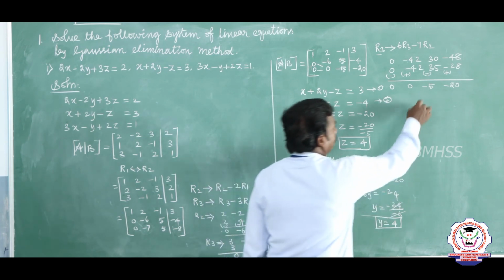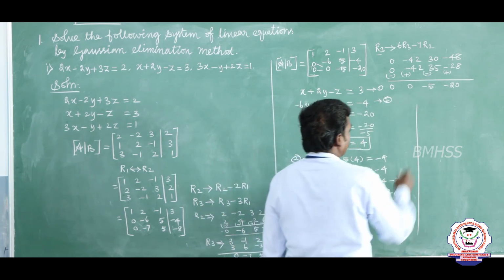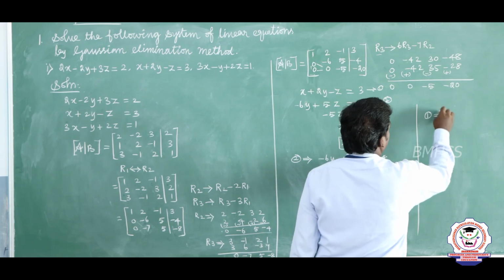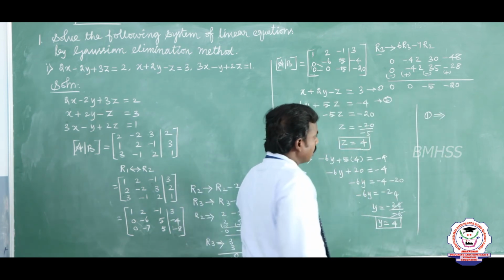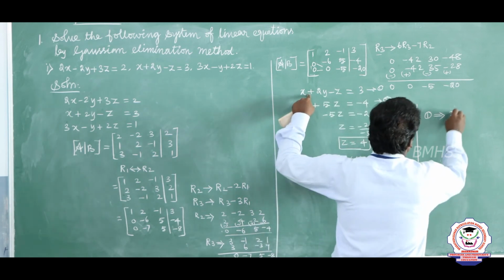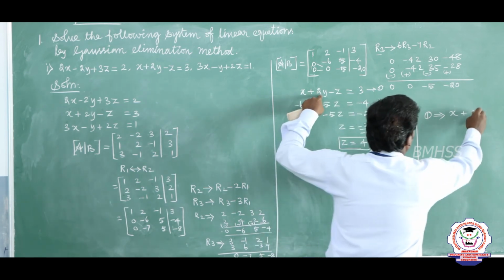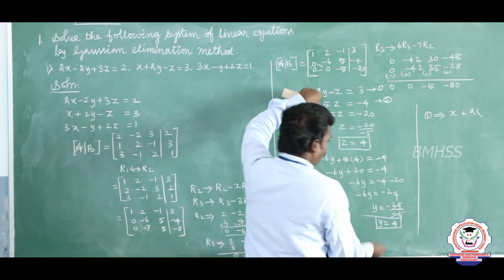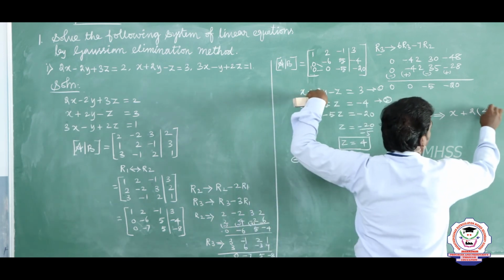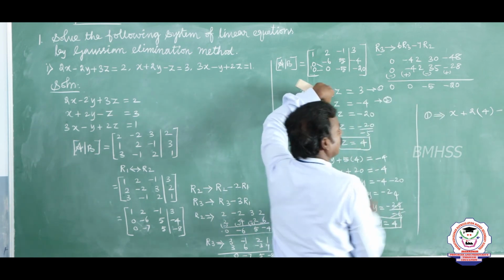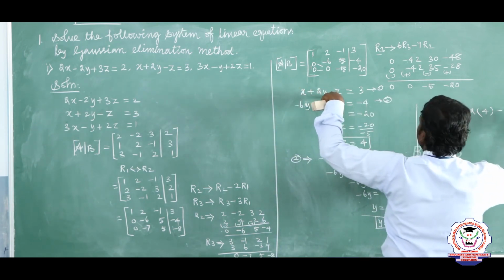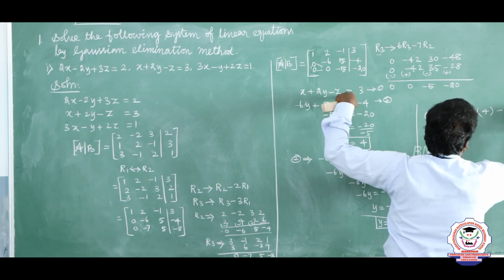Now use the values of y and z in equation 1. x plus 2 into the value of y, which is 4, minus z, where z is 4, equal to 3.